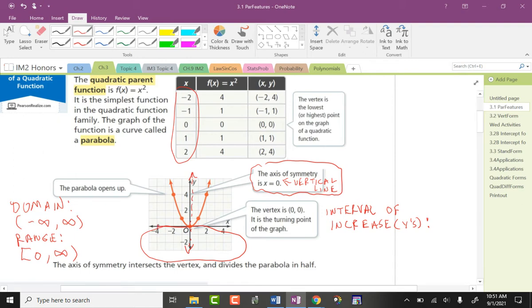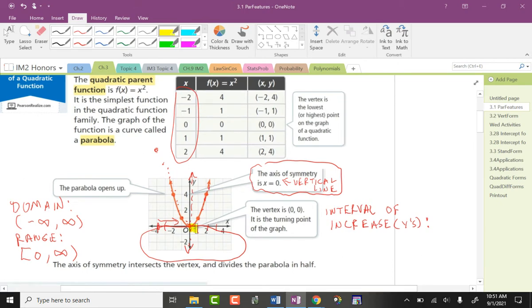So when I input this x value, I have this y, which is actually 16. When I input them in this order from left to right, what are these y's doing right now? Increasing or decreasing? They're going down, so they're decreasing. But now, as I get to 0 and then I plug in 1, 2, 3, what are these y values doing? Increasing. There's my interval of increase.